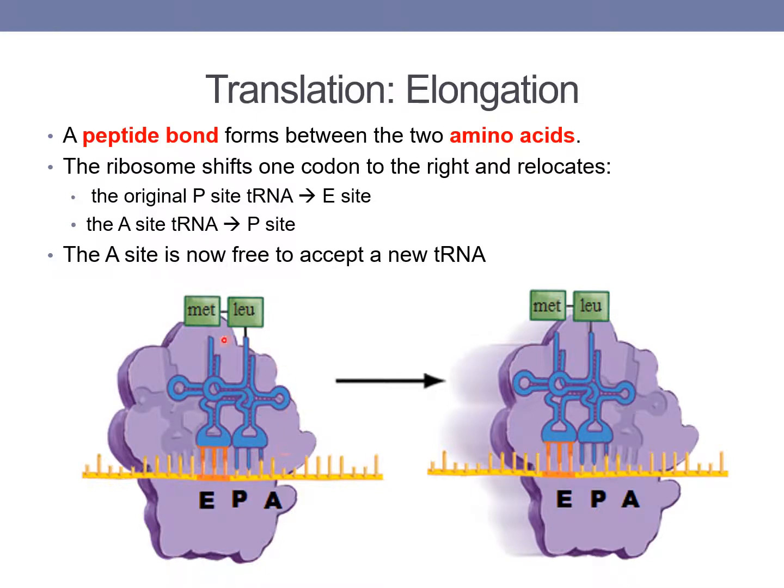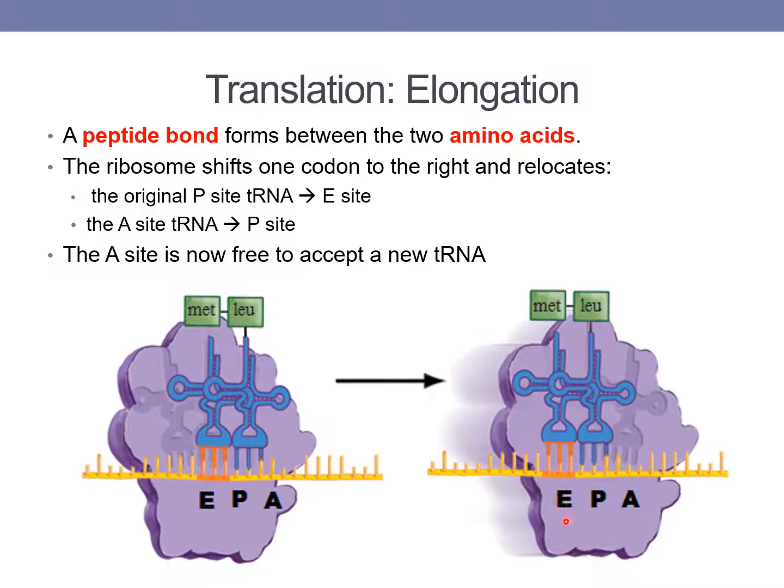So this entire little complex of these two transfer RNAs has just shifted from the P and A sites over to the E and P sites. You can think of the E site as the exit site, the P site as the peptide bond site, and the A as the acceptor site.